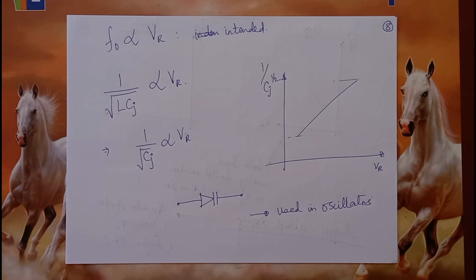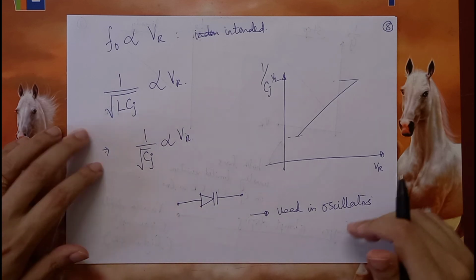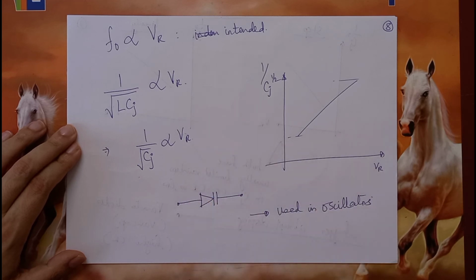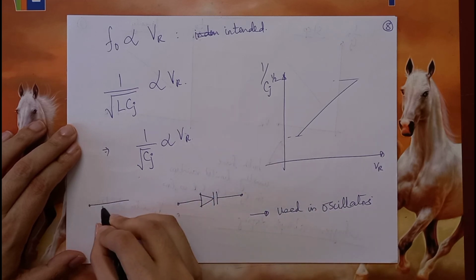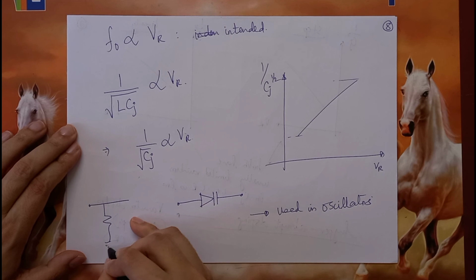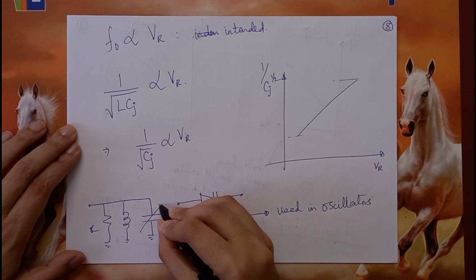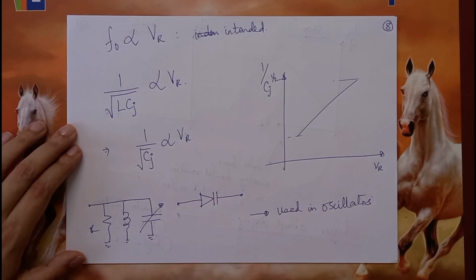So simply by having a circuit like this, let us say I have a parallel resonance circuit where I have R, I have L, and I have a variable C. Then in that case I can use a Varactor diode. One way to do that is the following.